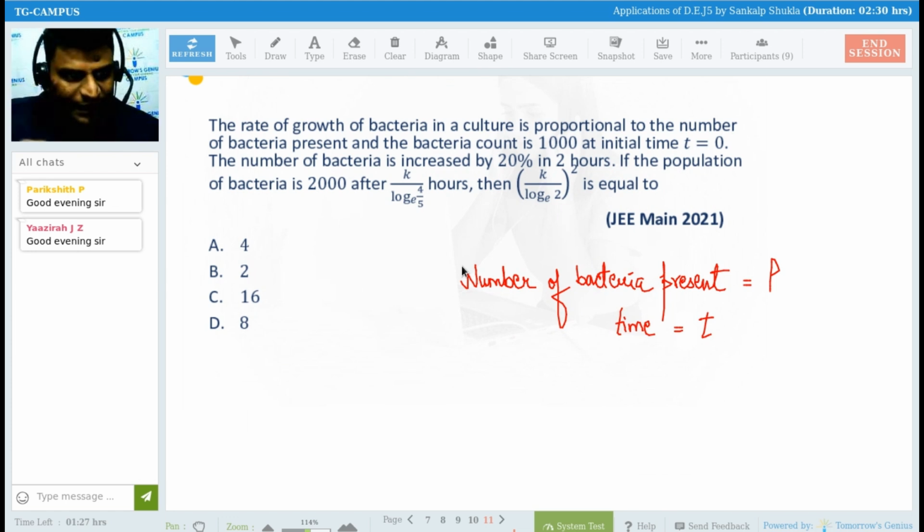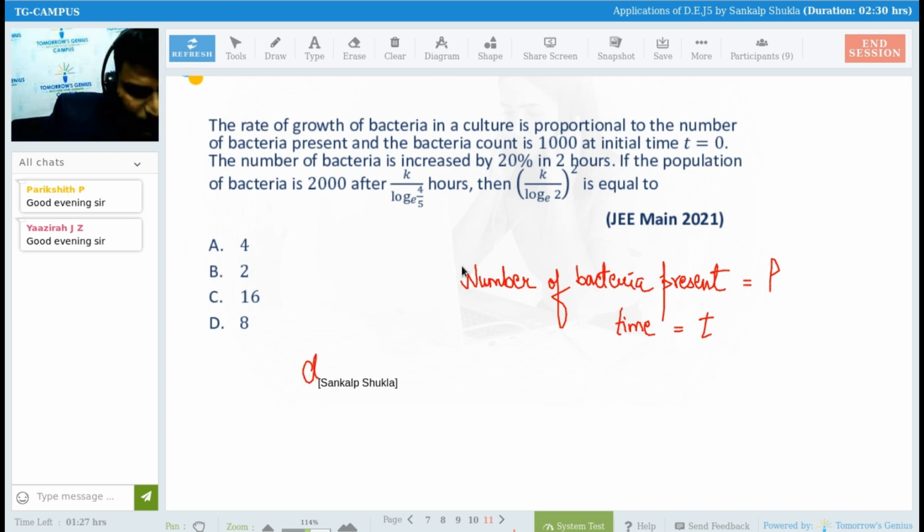If you say something like that, "rate of" means upon time. If I'm saying rate of, that means upon time. So rate of growth of bacteria is okay. So rate we have also studied in this application of derivatives, right? Derivative as a rate measure.